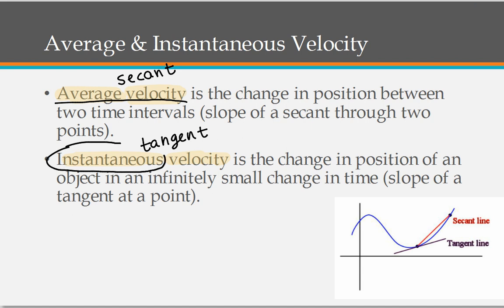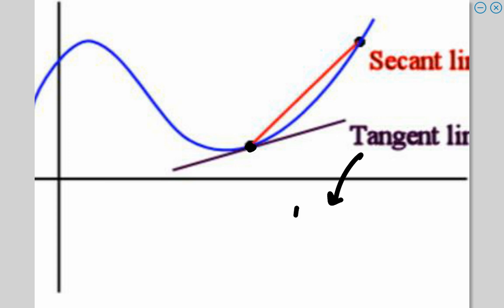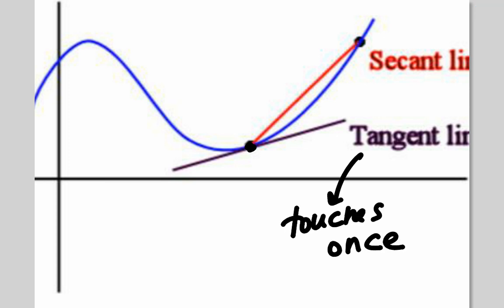Instantaneous velocity. This is speed in a moment. And you can see that the tangent line will grab the speed at a moment. It's at a particular point, and you have to graph a tangent. A tangent touches once and once only.